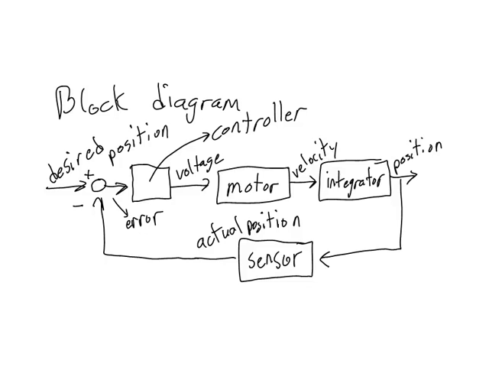Remember that in feedback control, the controller is an equation that converts error into voltage. If we write the equation for the controller in such a way that the voltage is proportional to the error, then we will be using proportional control.